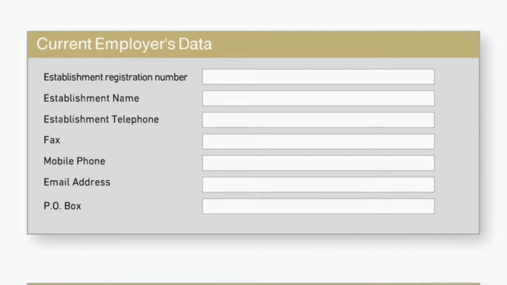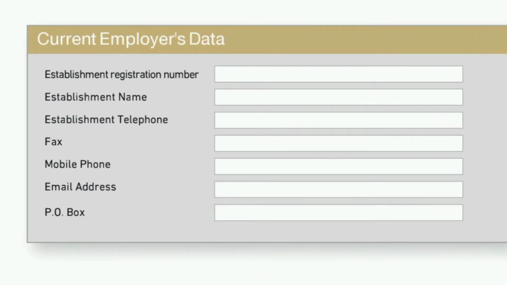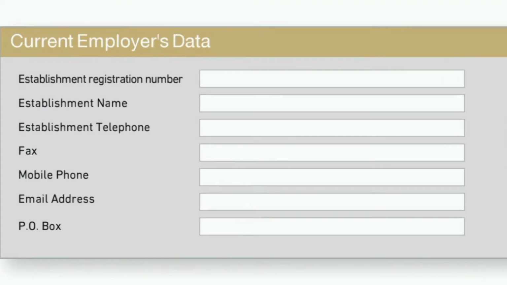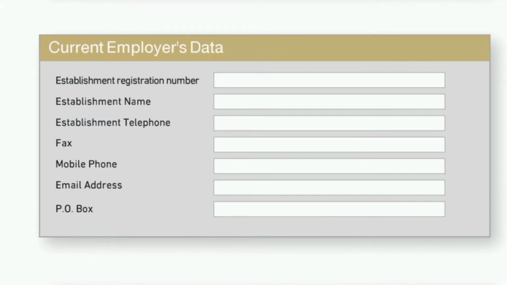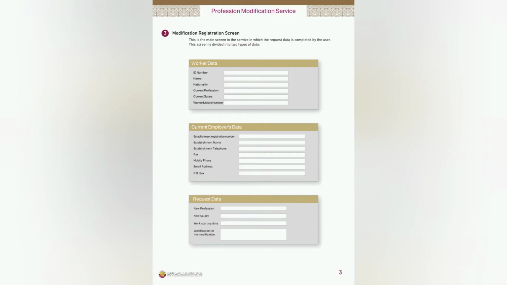So you should put your establishment mobile number, the name, the telephone number, also the fax, the mobile number, address, PO box, everything about the employer that you're working with at the moment.